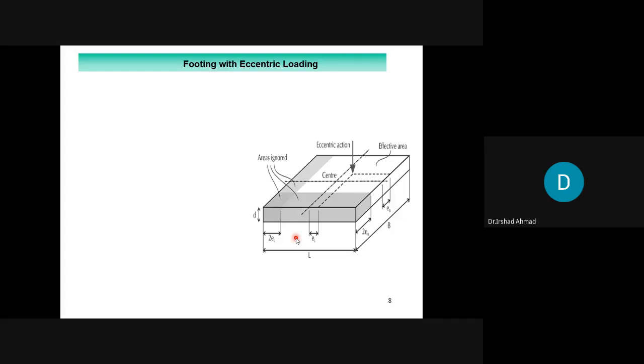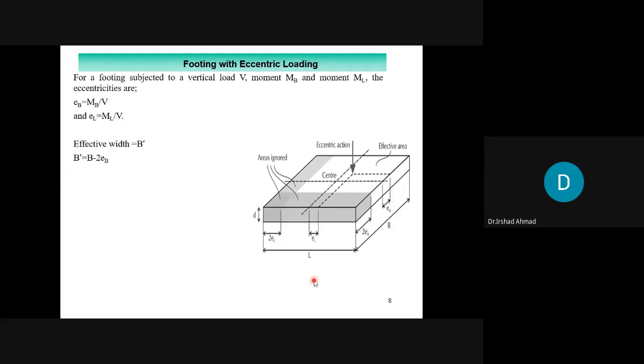Here, same diagram. B prime would be equal to B minus 2EB. L prime would be equal to L minus 2EL. So this is the effective width, this is the effective length. Remember that B prime is the one that is less.